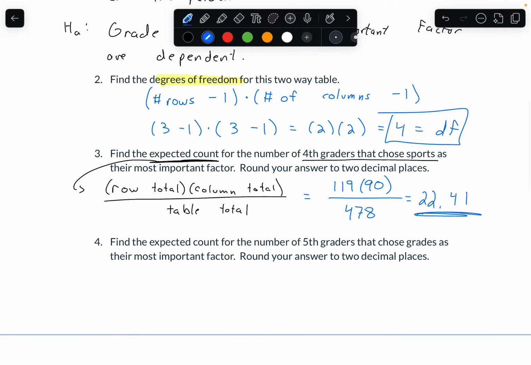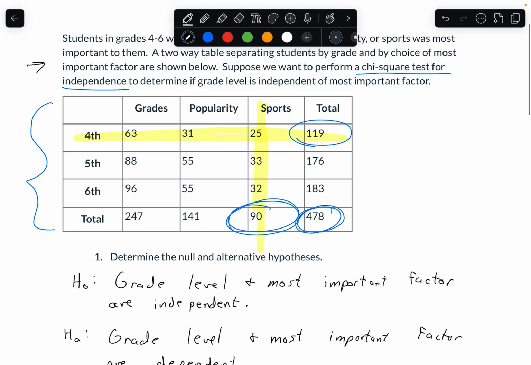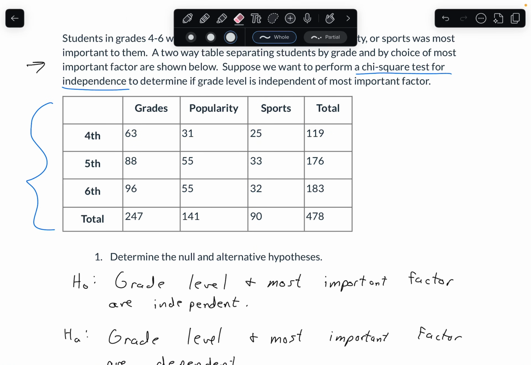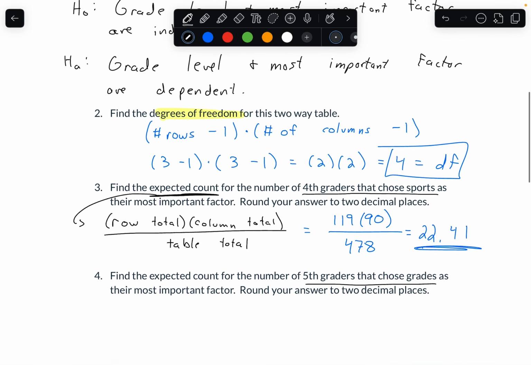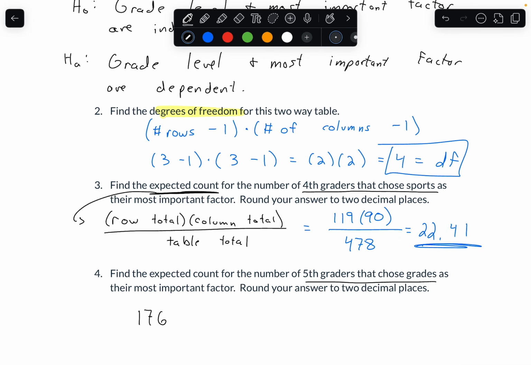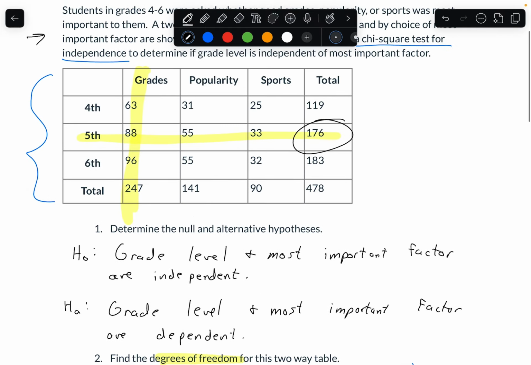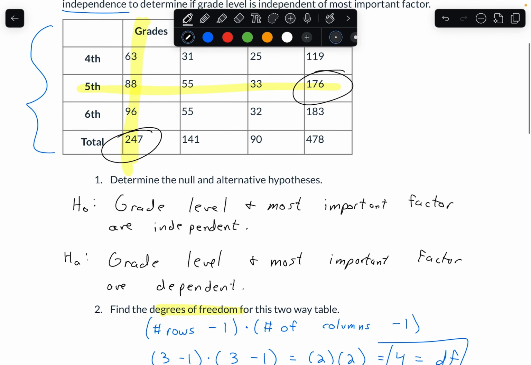I'll do the same thing then in number 4. We are looking for, in this case, the number of 5th graders that chose grades as their most important factor. So 5th graders that chose grades. Let's go ahead and erase. So let's look at our 5th grader row right here that chose grades. We're looking at this row and this column. So my row total in this case, the total number of 5th graders, 176. So I would take 176 times my column total. My column total, the total number that chose grades as their most important factor, is 247.